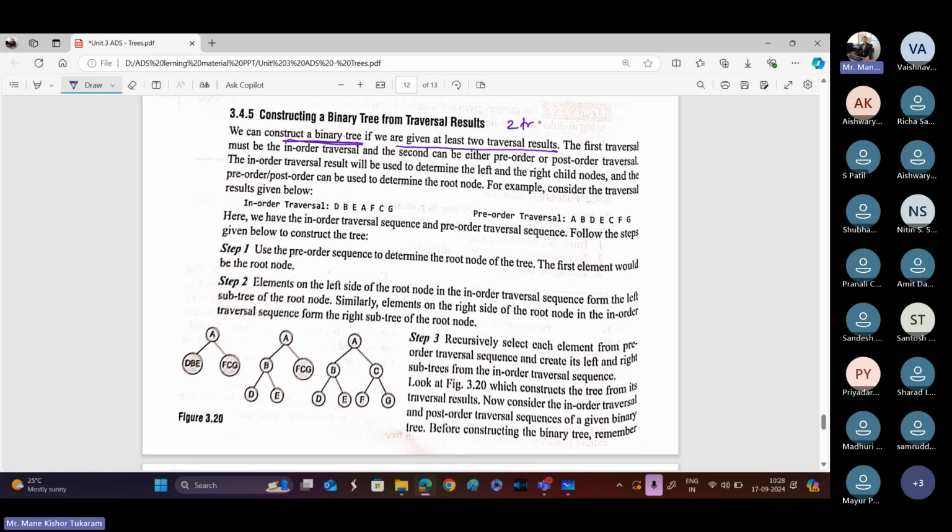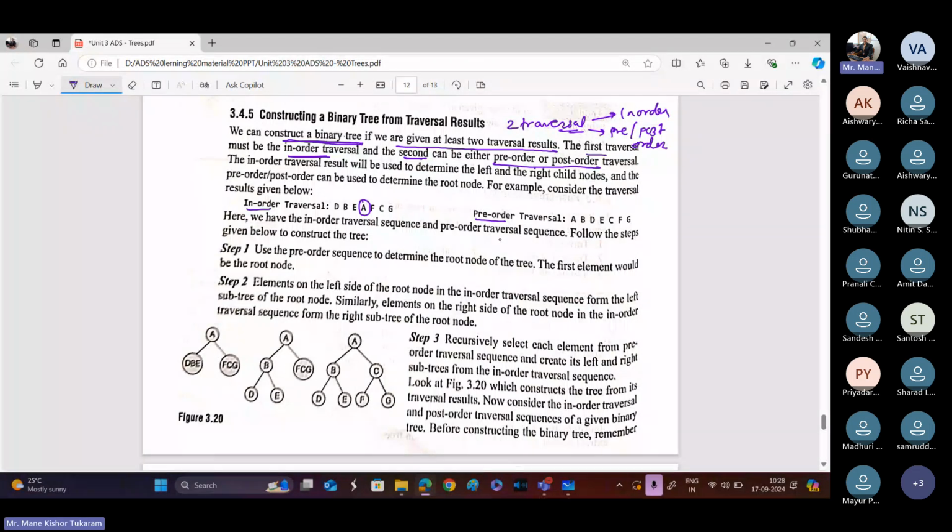So 2 traversals must be given. And out of that, one is in order and another is pre or post order. Then only I can construct the binary tree. So first traversal is in order and second can be either pre-order or post order. Okay, so here in order is given and pre-order is given. Based on that, I want to draw this particular tree. Okay, so in order, we have to find the root element.